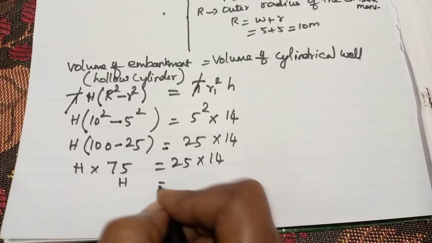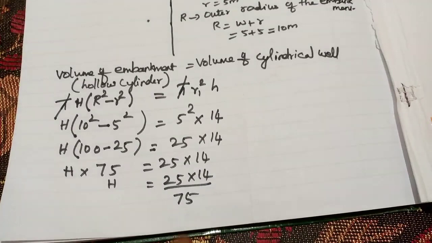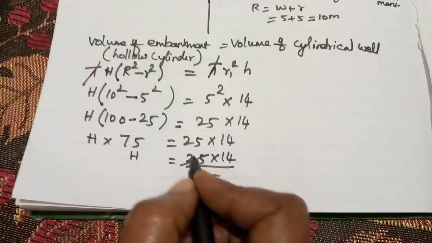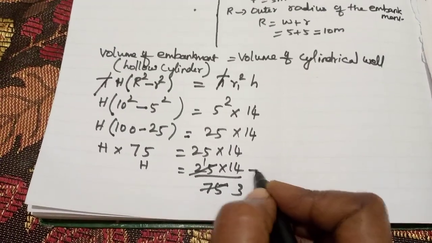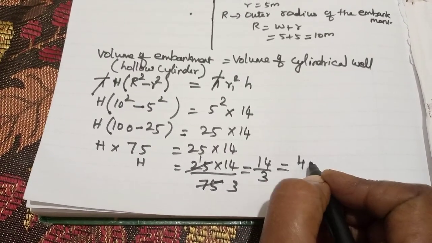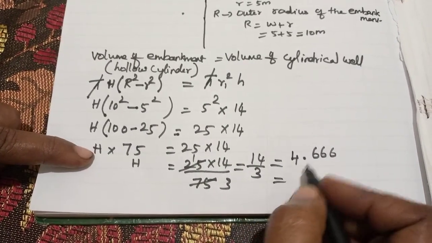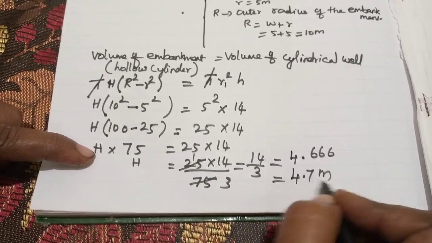Height is equal to 25 into 14 by 75. Let us divide it: here 1, 25, here 3, which is equal to 14 by 3. Divide it, you will get 4.666. Approximately we can write 4.7 meter. Understand, students?